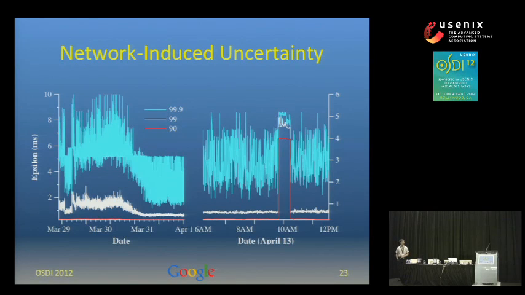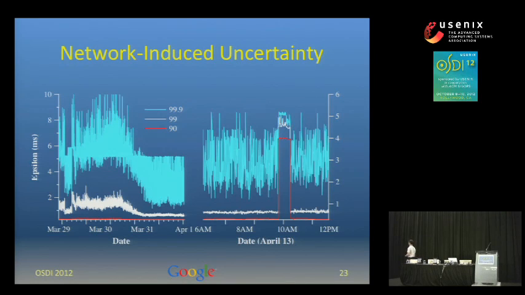Here's a graph that shows up in the paper. I'm not going to go into much detail about it. This is data taken from thousands of machines across several thousand kilometers, and it measures the reference uncertainty computed when the client talks to a subset of time masters.